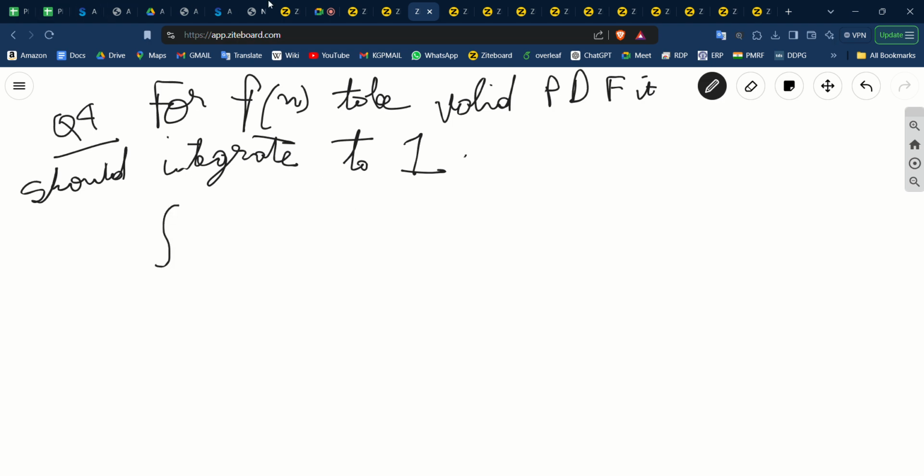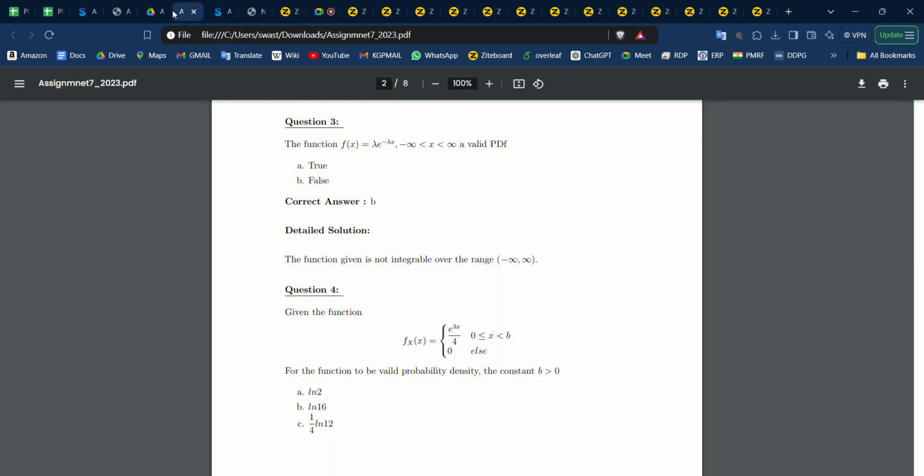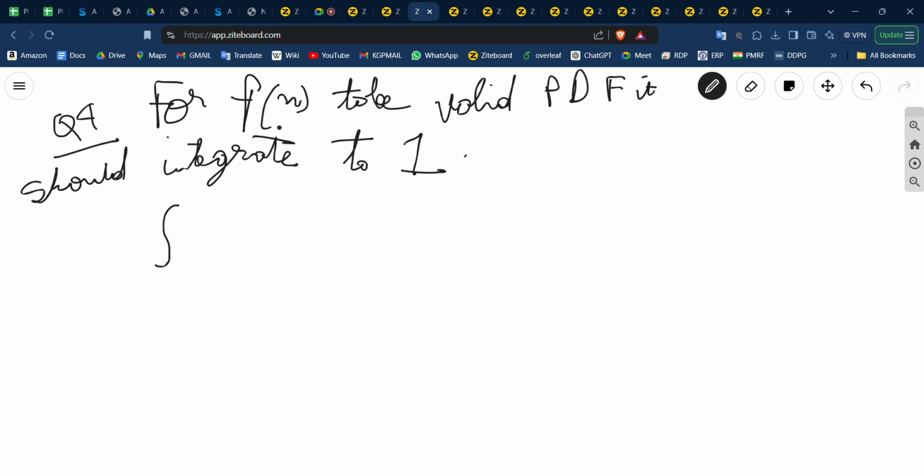Now, what is the range and what is the PDF? The range is 0 to b and the PDF is e to the power 3x by 4. So we integrate from 0 to b of e to the power 3x by 4 dx. This should equate to 1. Does it? Let's check.